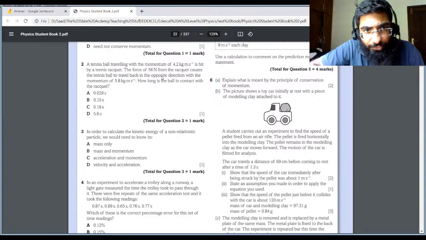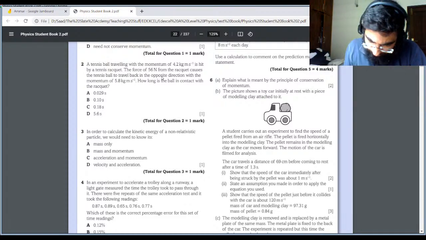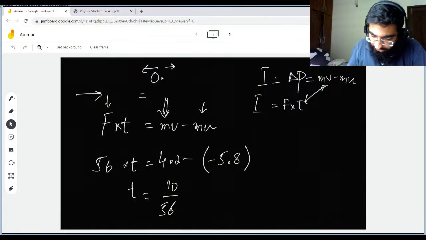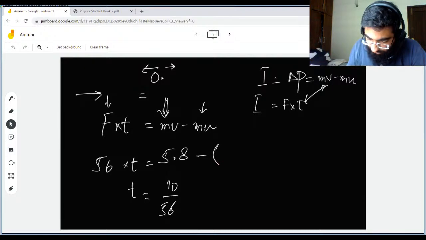Opposite direction, 4.2 is initial. Okay, yeah, let's do it that way. By the way, you pointed out the error to be right, but it wouldn't make a difference, because initial is in the opposite direction, minus 4.2.